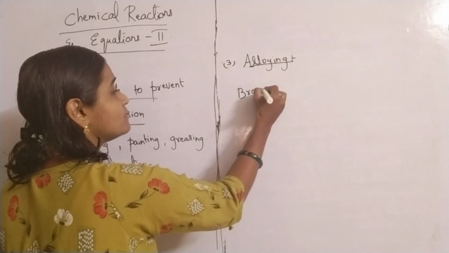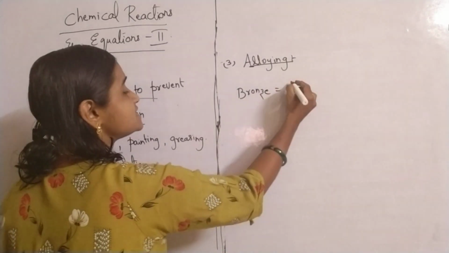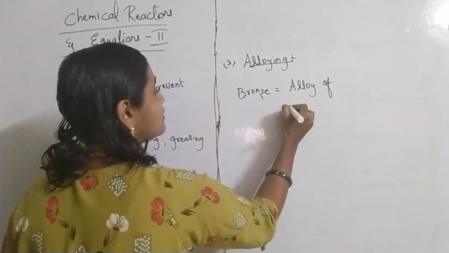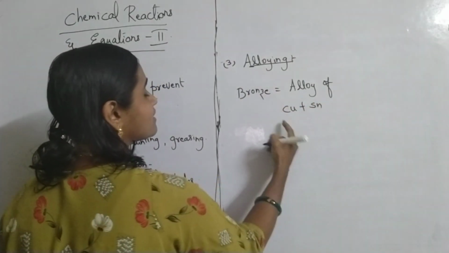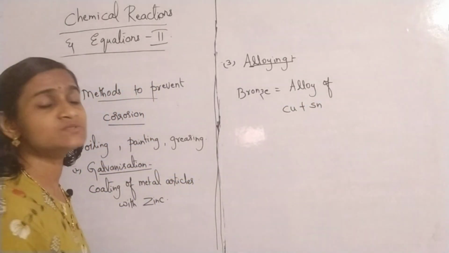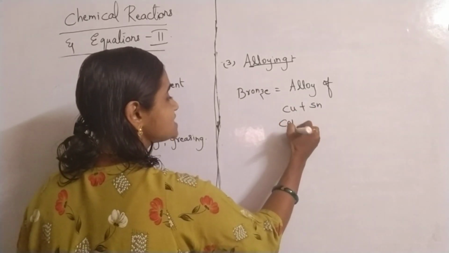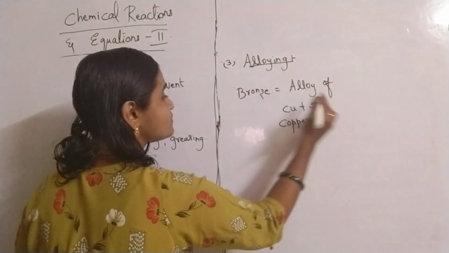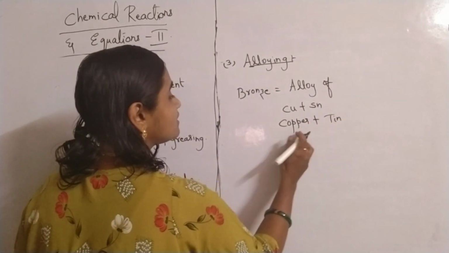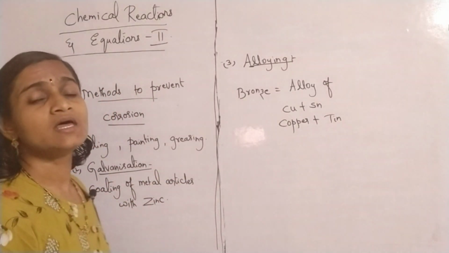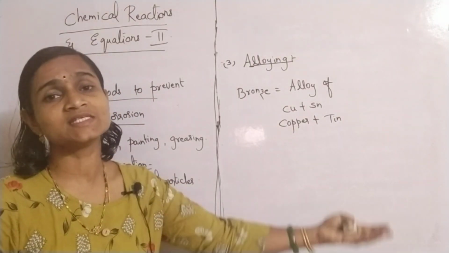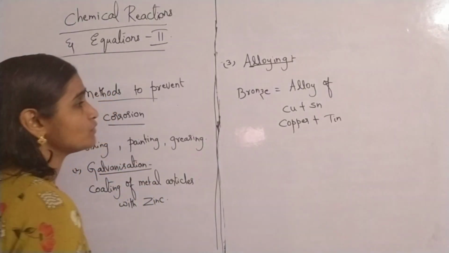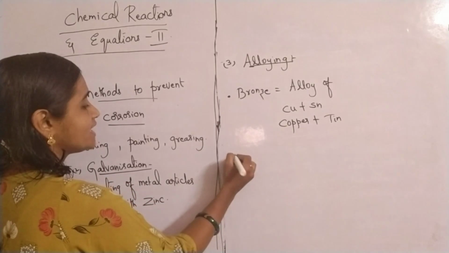You can easily remember that bronze is an alloy of copper plus tin. Cu is copper, Sn means tin. The newly formed substance is called bronze. By adding these two substances, the individual qualities of copper as well as tin are improved.